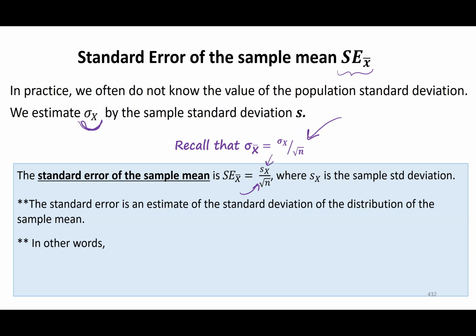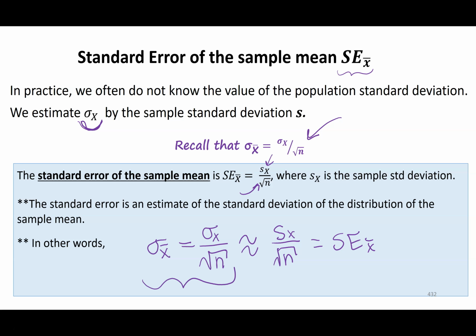So in other words, sigma of x bar equal to sigma of x over the square root of n is approximately just the sample standard deviation over the square root of n, which is the standard error of x bar. So the previous 2 weeks, we used what was on the left. Now we're going to be using what's on the right.